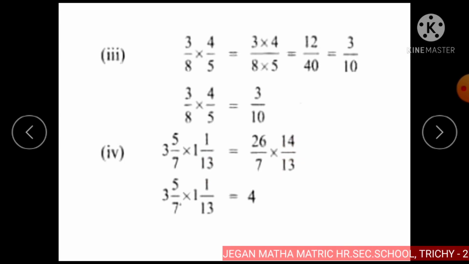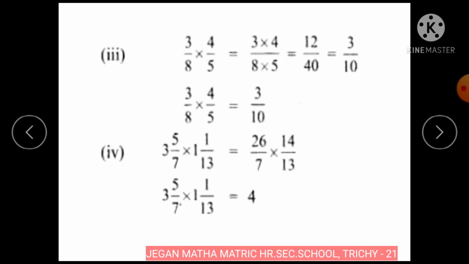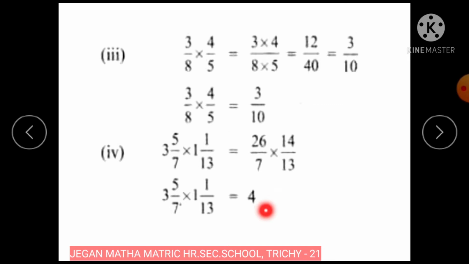Now we multiply the fractions 26 by 7 and 14 by 13. 7 and 14 get cancelled, we get 2. 26 and 13 get cancelled by 13, we get 2. So 2 twos are 4. So the product of 3 5 by 7 and 1 1 by 13 gives 4.